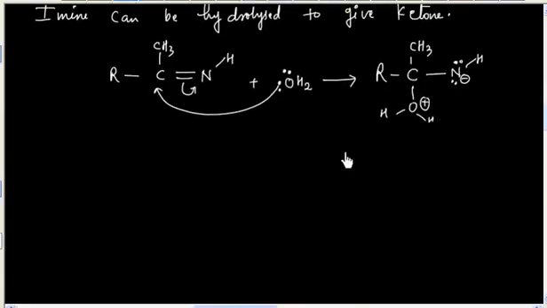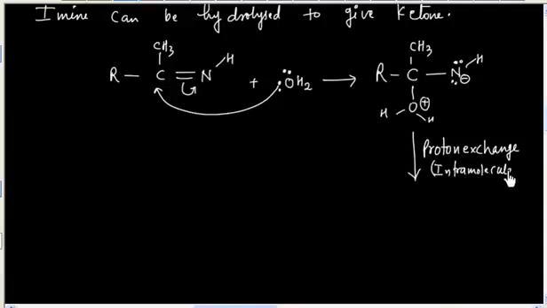So this is simply proton exchange. So sometimes this is called intramolecular proton exchange. So we will have RCH3, C, CH3, OH, NH2.